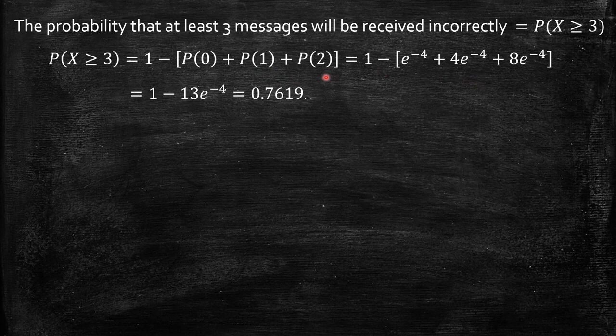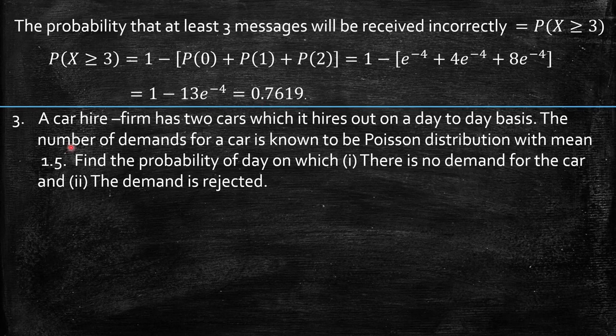When x equal to 2, that is 4 square by 2 factorial, that is 16 by 2, 8 times exponential minus 4. So it comes to be now 13 times exponential minus 4. 1 minus 13 times e power minus 4. So give it to calculator. It will give the answer 0.7619.